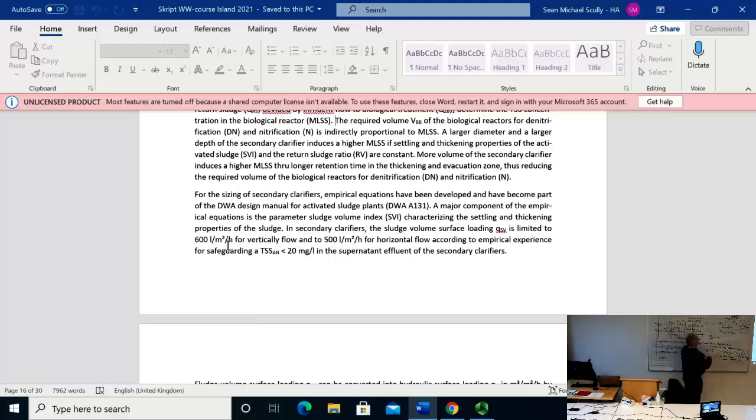If we have 175 liters per person and day of aeration tank effluent, which is mixed liquor, that we put into the mixed liquor, and we have a sludge volume index of 100, and if we have a TSS of 5, then we have 503 milliliters of sludge volume in 1 liter.